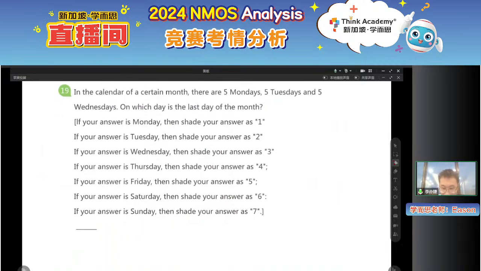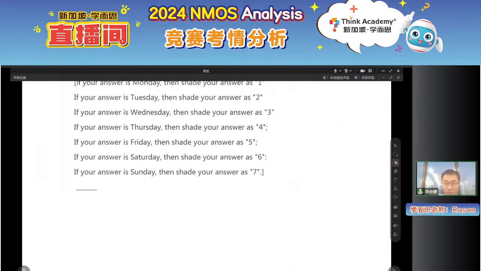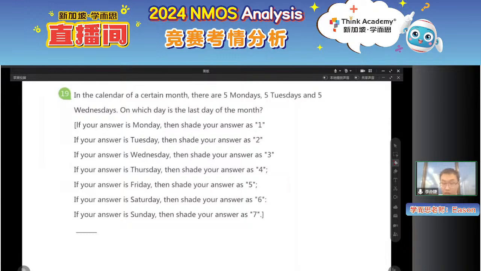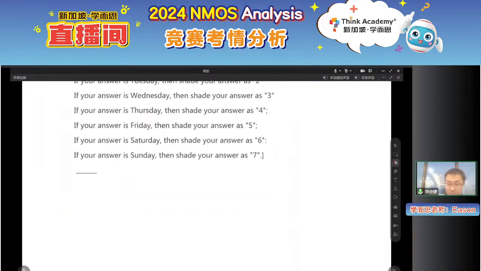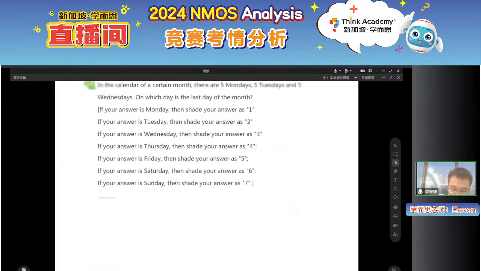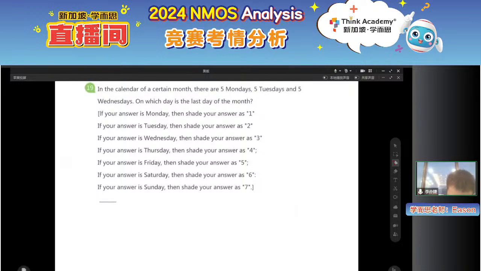Now, question 19. There are 5 Mondays, 5 Tuesdays, and 5 Wednesdays. The logic for this question is that the first day to the 28th of any month is always 4 Mondays to 4 Sundays, so the first 28 days are completed 4 weeks.